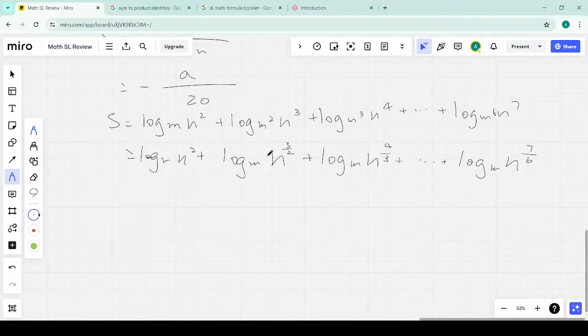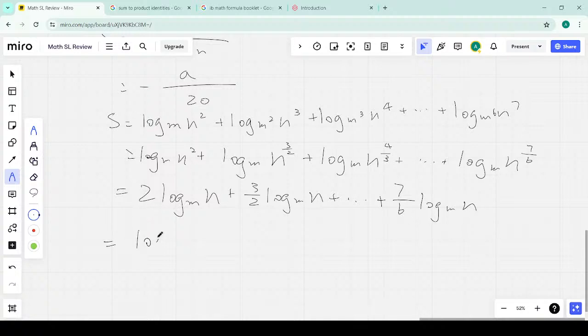Basically, from this one I'm taking the 1/2 power, from this one I'm taking the 1/3 power of both the base and the number, and from this one the 1/6 power of both the base and the number. So then I will get 2 log mn plus 3/2 log mn all the way to 7/6 log mn. So once again, change of base.